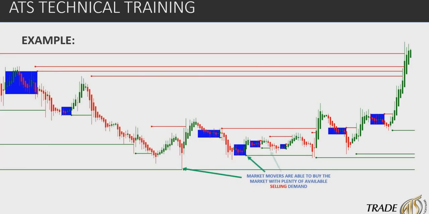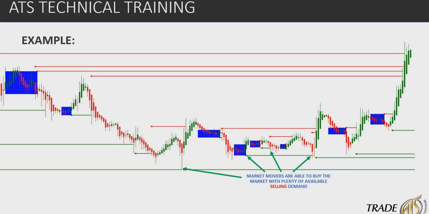You notice we have all these green liquidity lines down here at the bottom of this turn. This is where market movers, big money, smart money, are able to buy the market with plenty of available selling demand. Remember, the green lines represent where people who have previously bought are now getting forced out, or pressured to close those buying positions, causing selling demand. The other side of that sell is a buy for the smart money, right?